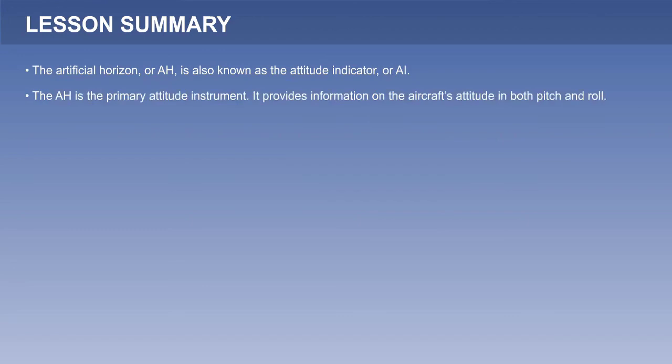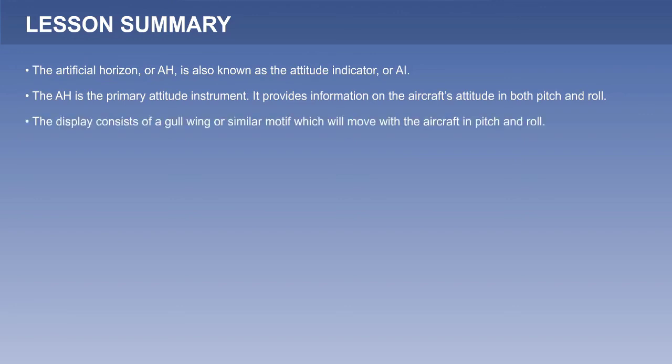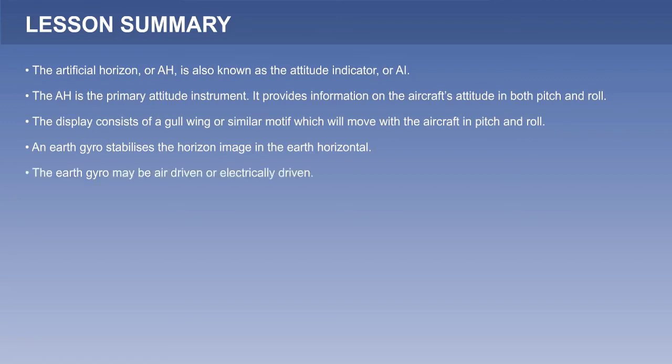It provides information on the aircraft's attitude in both pitch and roll. The display consists of a gull wing or similar motif, which will move with the aircraft in pitch and roll. An Earth gyro stabilizes the horizon image in the Earth horizontal. The Earth gyro in the artificial horizon may be air-driven or electrically driven.